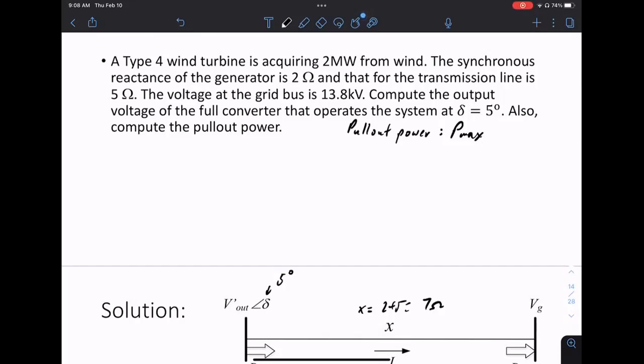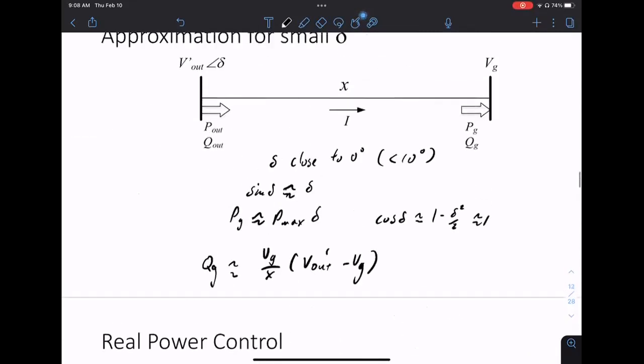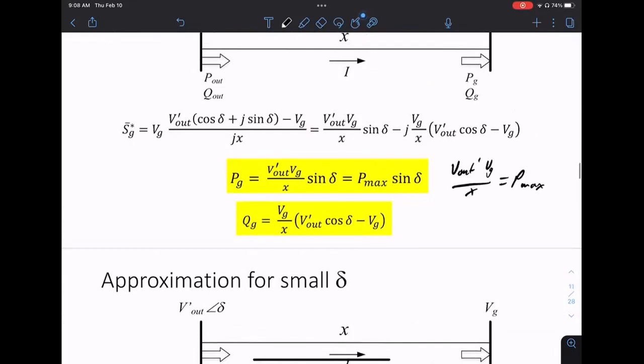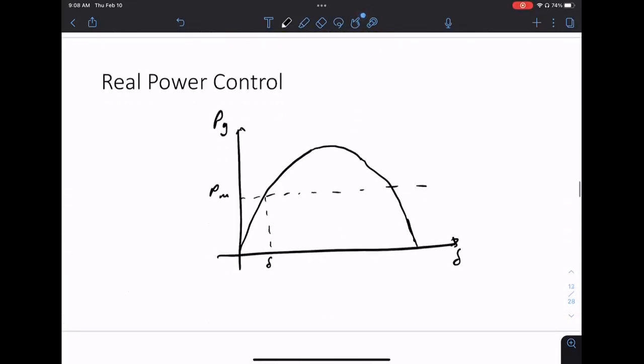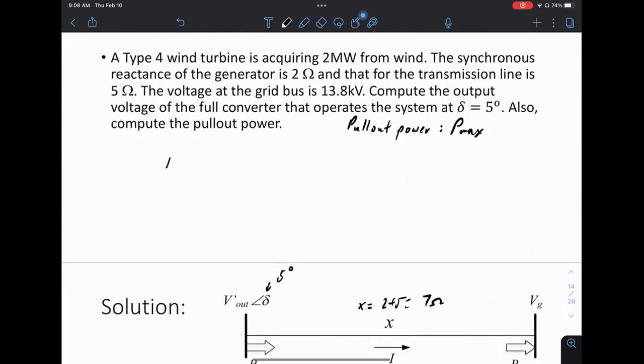If you look at all these equations, these are in terms of power delivered to the grid, PG. Because we're talking about active power, the power from wind is equal to the power delivered to the grid. There's no losses. Then that gives us a simple equation to use.